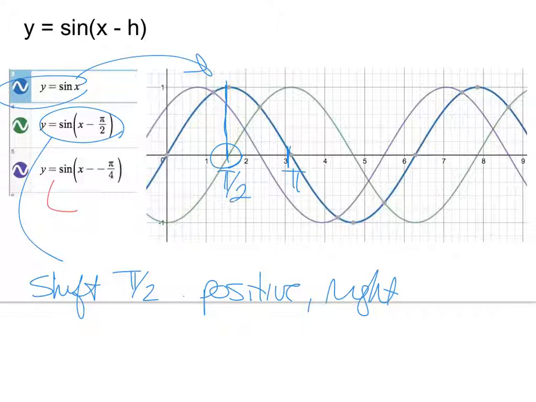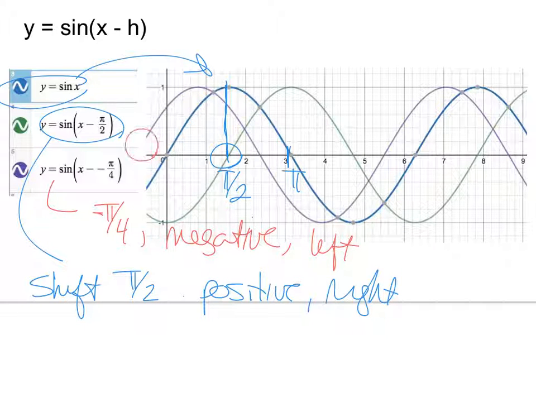For here, we're shifting negative pi over 4, which is obviously negative, and to the left, which we can't see our beginning point right over here. But we didn't shift a full pi over 2, a full 90 degrees. We shifted a quarter of that.